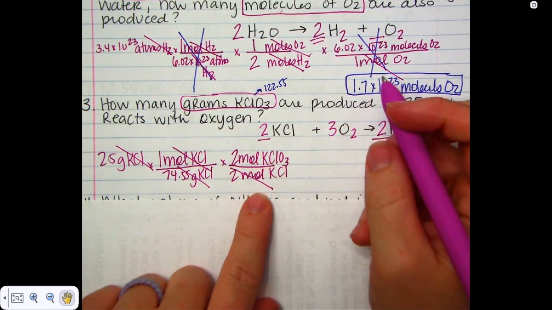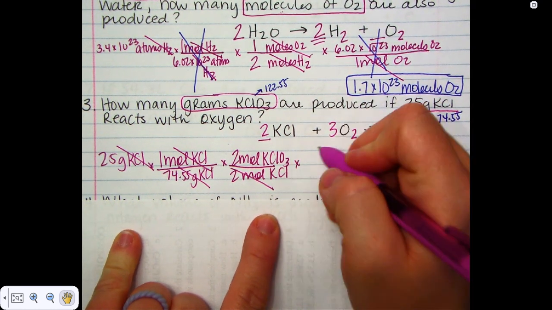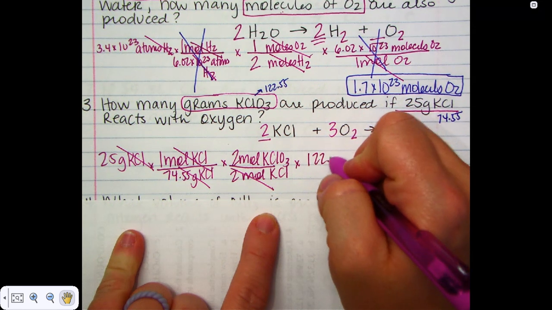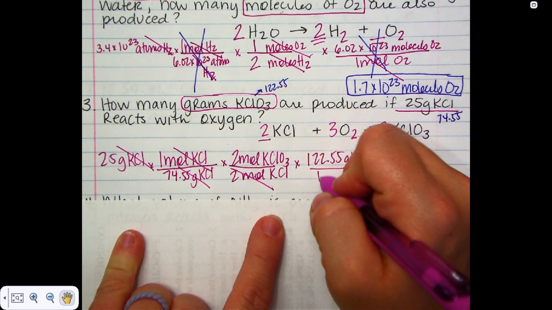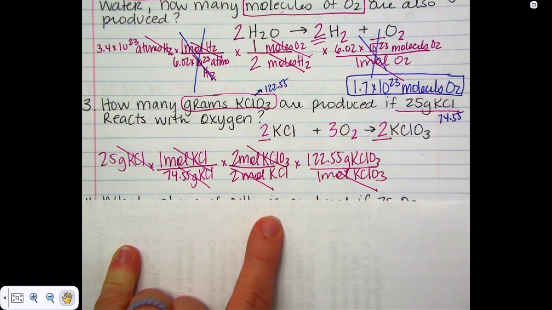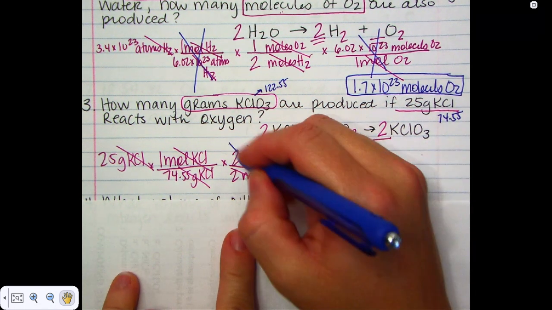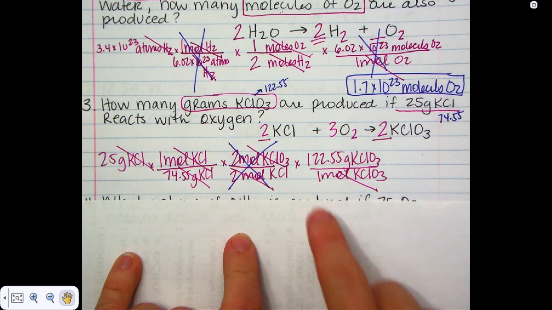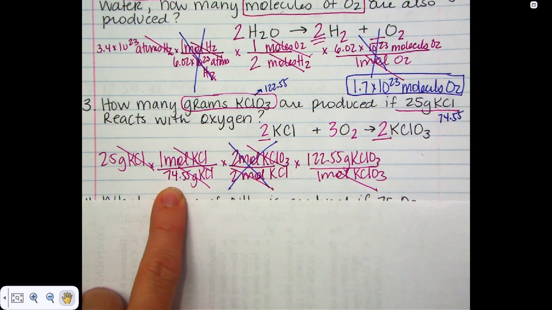Now I'm in moles of KClO3. I need to go to grams. That's why I got the molar mass. Times 122.55 grams KClO3 over 1 mole KClO3. Moles cancel. It's going to leave me in grams. Now, how can I make this easier for myself? 2 over 2 is 1, so let's get rid of that. And so now what I'm going to do, 25 times 122.55 divided by 74.55.